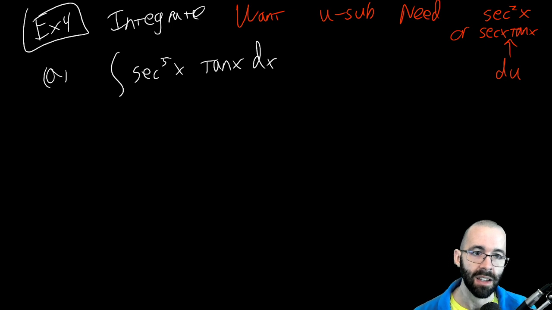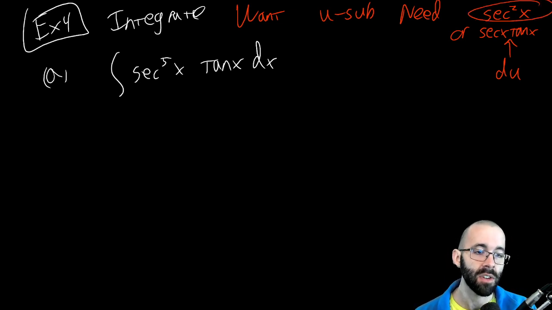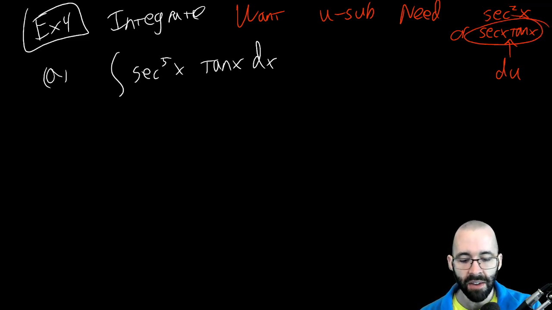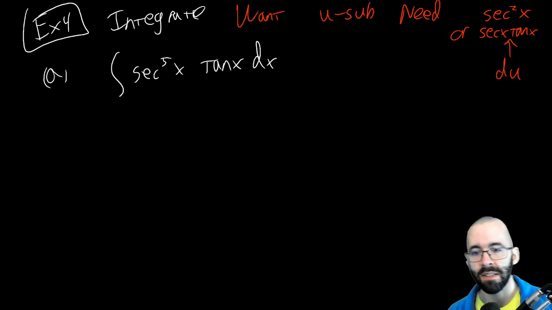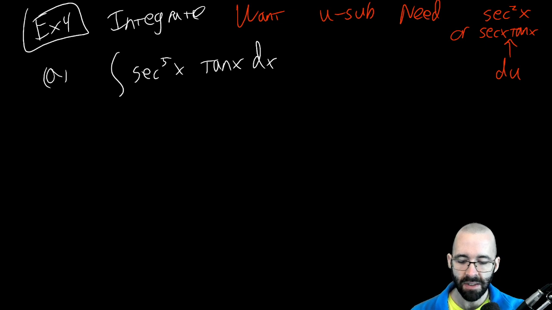Can we manipulate things to get these derivatives? So again, if we have a secant squared, we need everything else to be in terms of tangent. If we have this, everything else needs to be in terms of secant, which we can sometimes modify and sometimes get. Okay, so again, there's a couple of ways of approaching this.